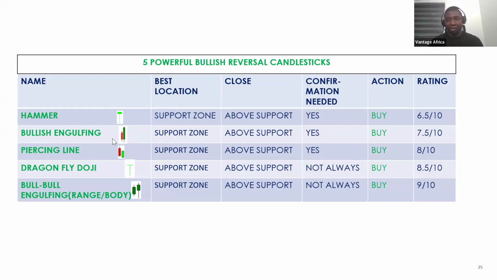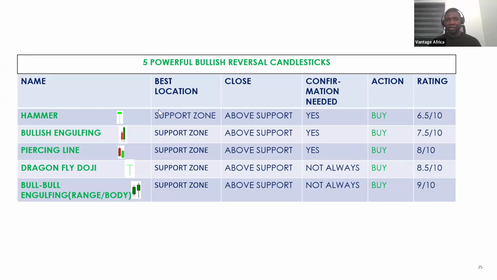The next one is what we call an engulfing pattern. This is how an engulfing pattern looks. This is a bullish engulfing. For a bullish engulfing, you have a red candle followed by a huge green candle that engulfs the previous red candlestick. Something else I should say here is that it must be above support.